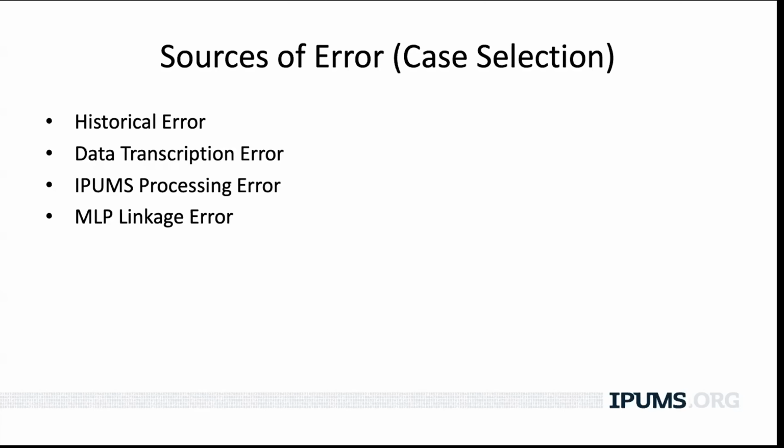Another potential error is an IPUMS processing error, where the enumeration was recorded correctly by someone, but then when we were coding these cases, we coded it incorrectly. This isn't a great example, but let's just say someone recorded themselves as 33 years old.